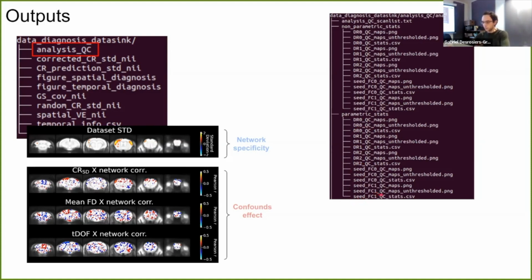For each of these network analyses, you'll have the first PNG image that's going to be the thresholded maps like this, as well as the second one with the unthresholded version. And then finally, there's also going to be a CSV file that will have computed for you the Dice overlap and specificity of this variability map, as well as the mean correlation of these confound effects within the region of the thresholded network.